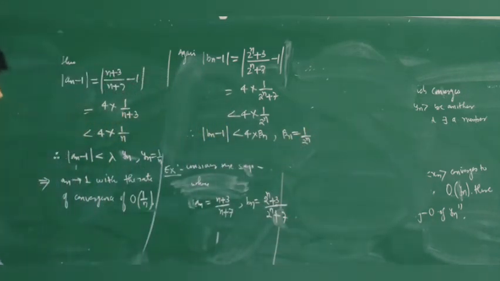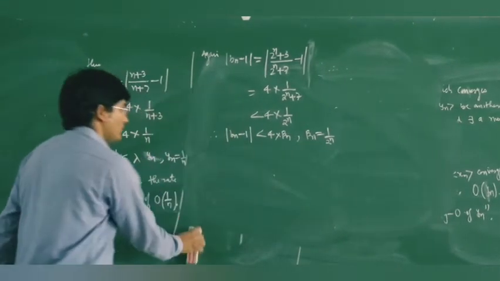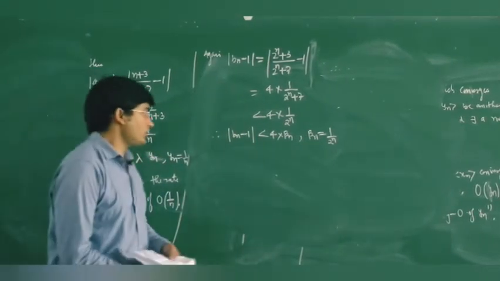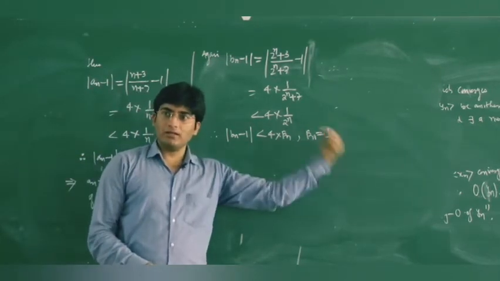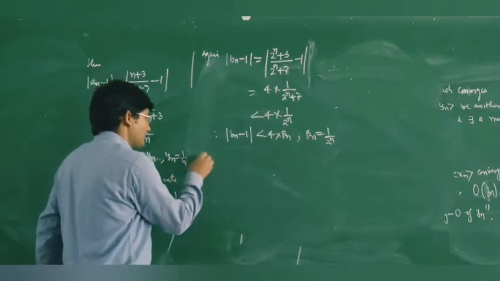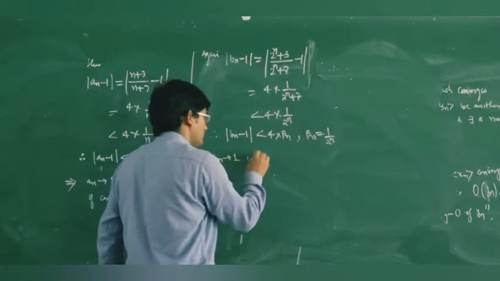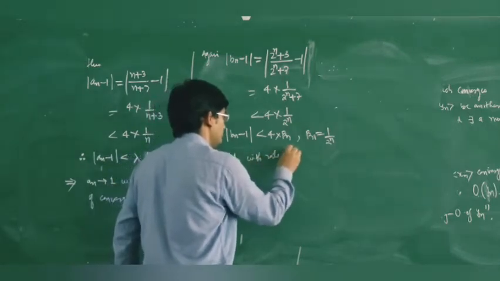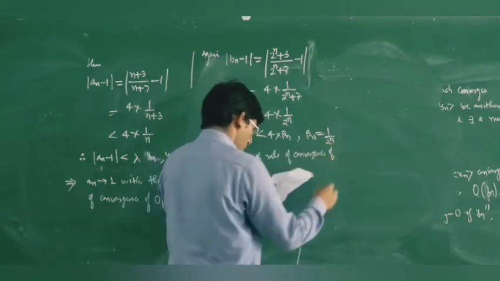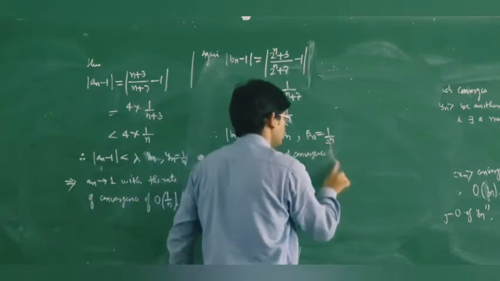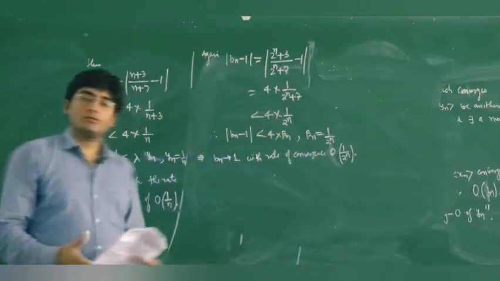Now here we can see that bn is converging to 1 with the rate of convergence of order 1 by 2 power n.